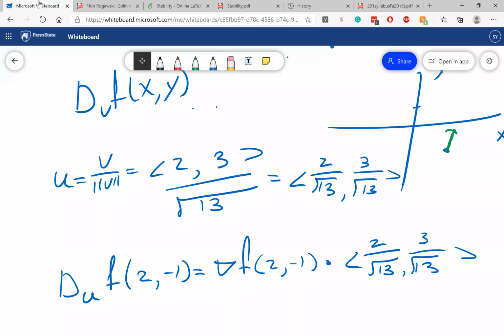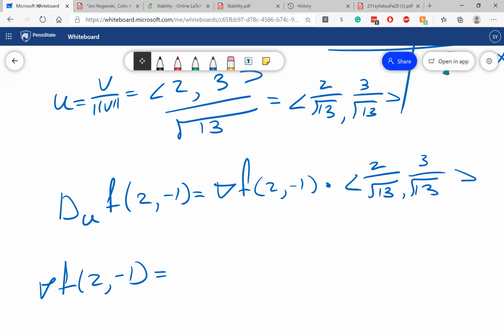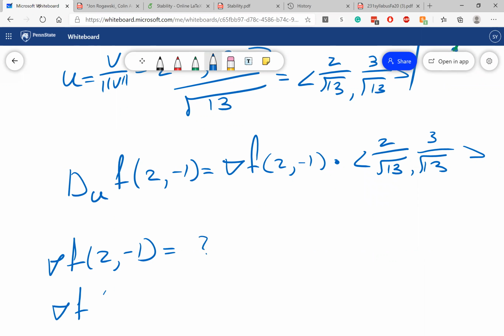Okay. So what is the gradient of f at 2, negative 1? Let's first look at the gradient of f at x, y. That is going to be the partial with respect to x, partial with respect to y.